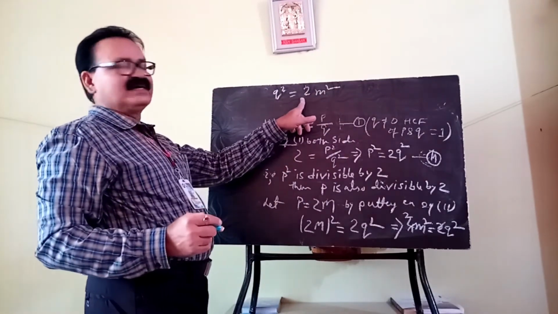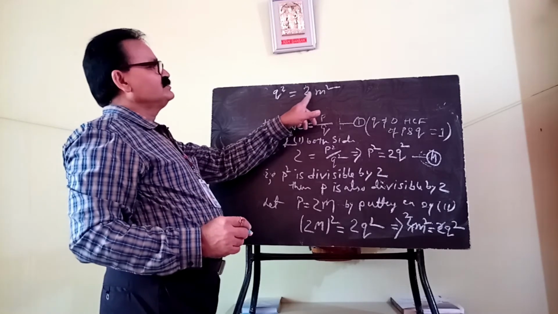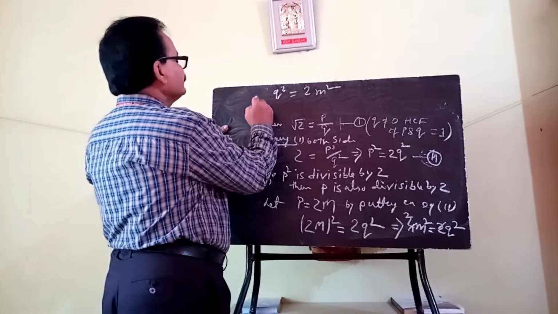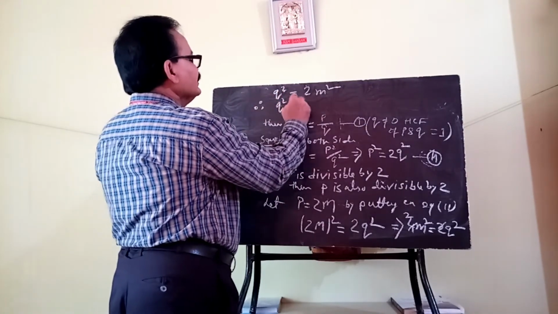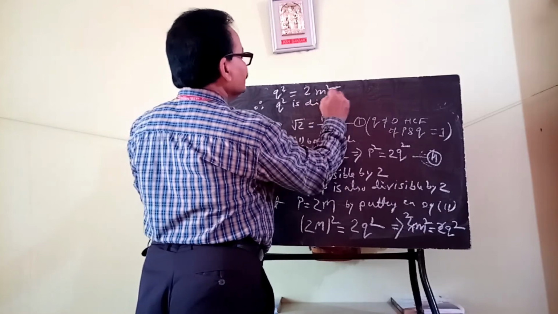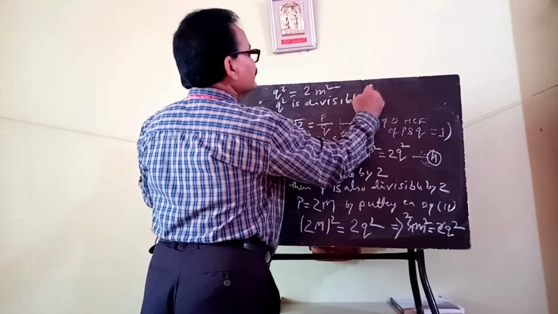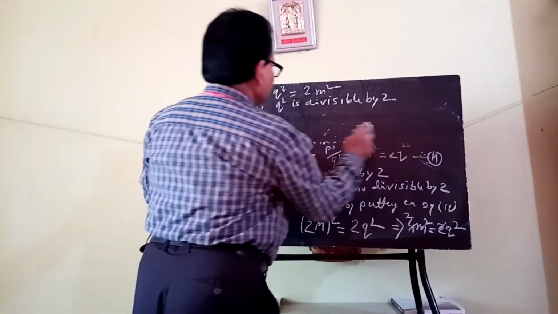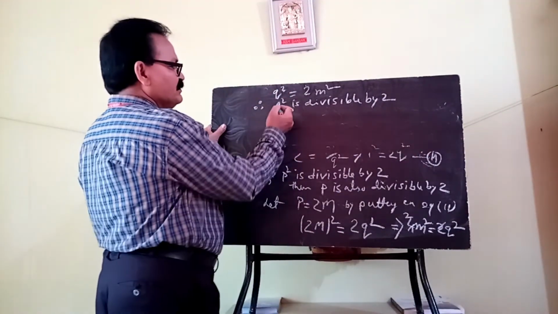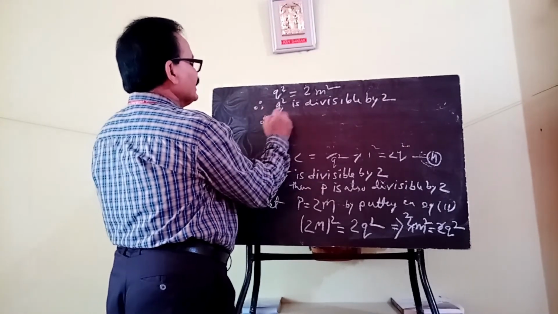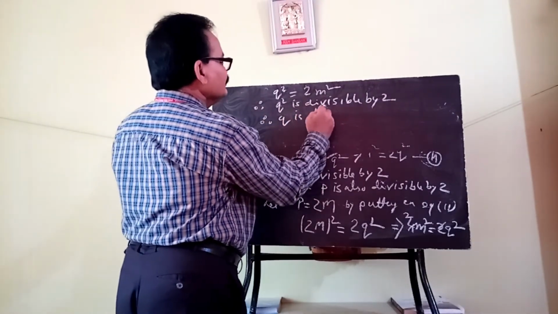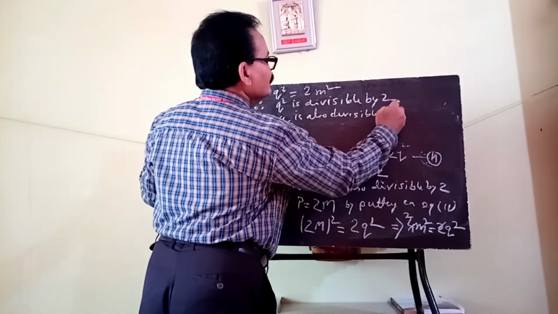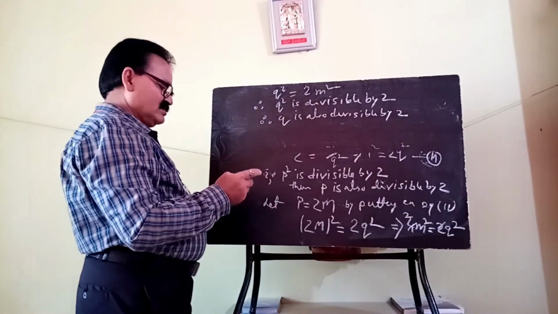Since 2 is a factor of q square, q square is divisible by 2. So therefore q square is divisible by 2, that means q is divisible by 2. If q square is divisible by 2, then q is also divisible by 2. Clear?